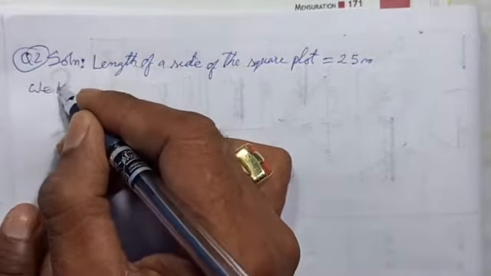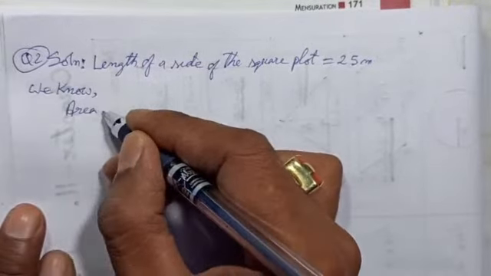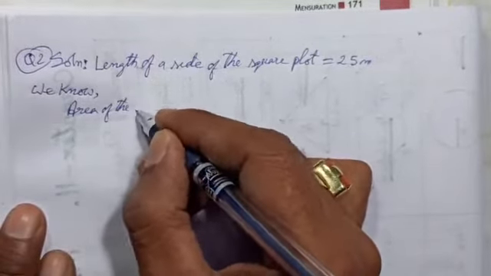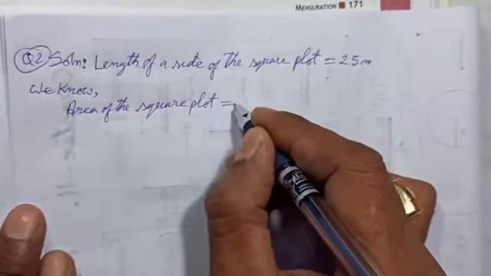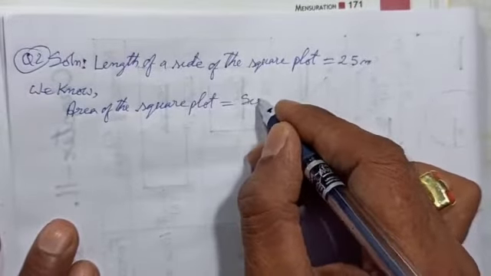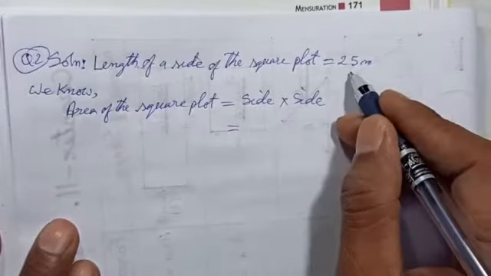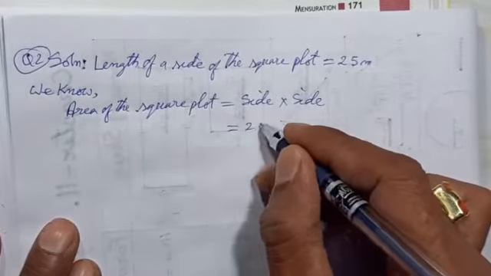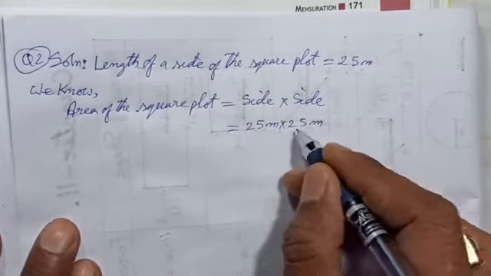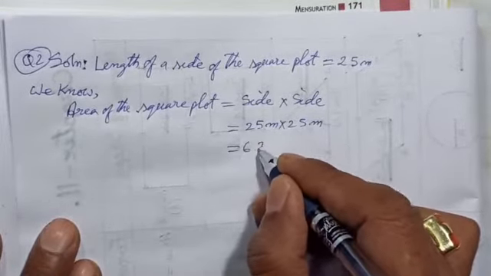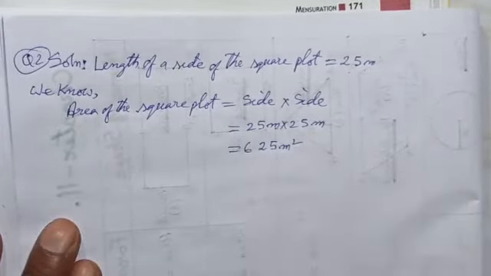We know the formula to find the area of a square is side into side, and the length of a side is given as 25 meter. So 25 meter into 25 meter. If 25 is multiplied by 25, then we will get 625. Meter into meter is meter square. This is the area of the square plot.